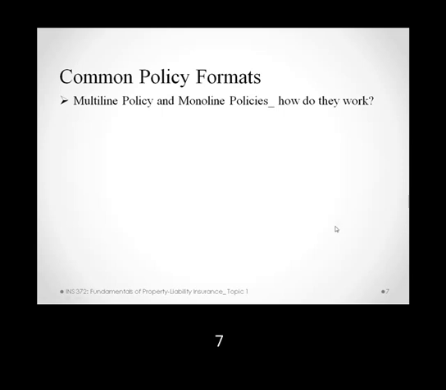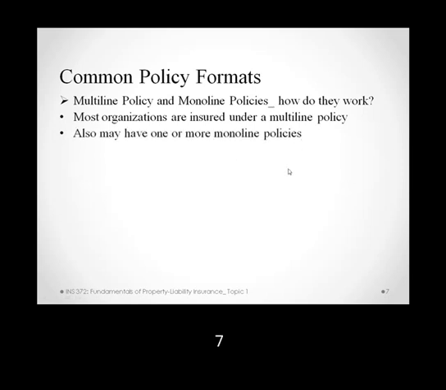A monoline policy basically will cover only a specific peril. So most organizations usually are insured under a multi-line policy, and at the same time, they may purchase some monoline policies as add-ons.